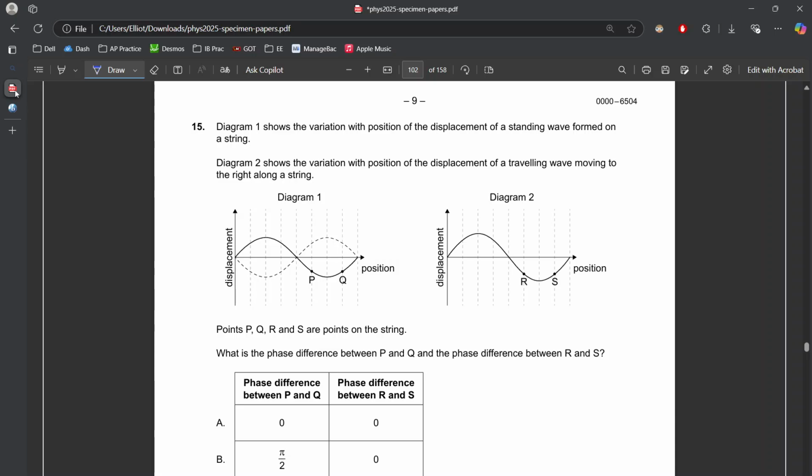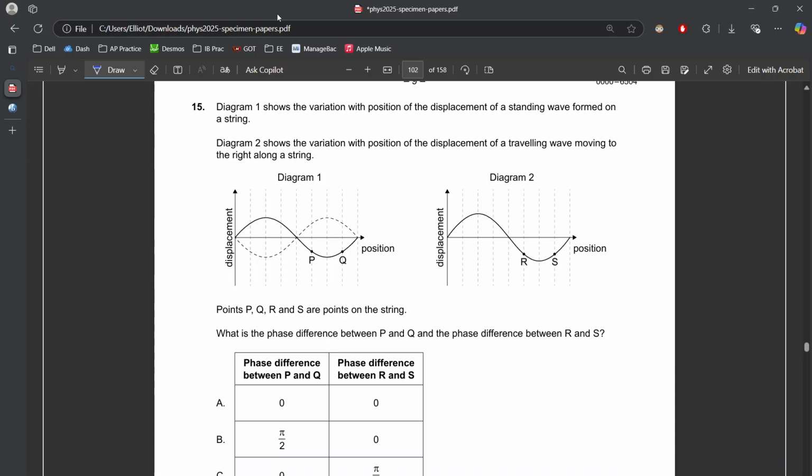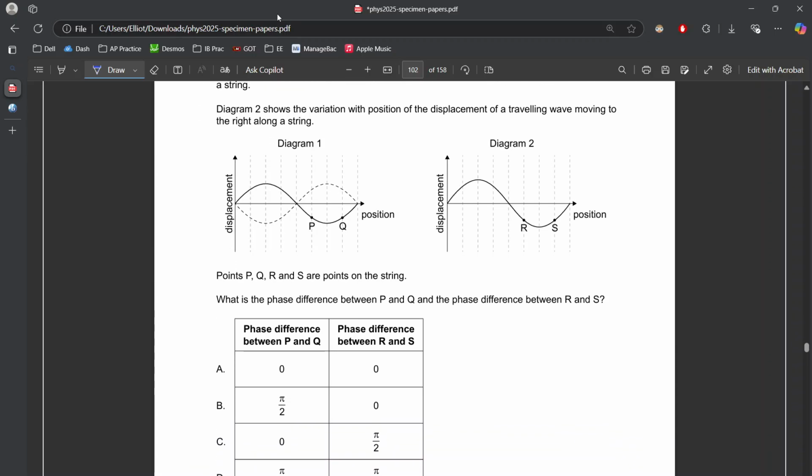Okay. Position, standing wave formed in a string. Let's go into this. I don't know.